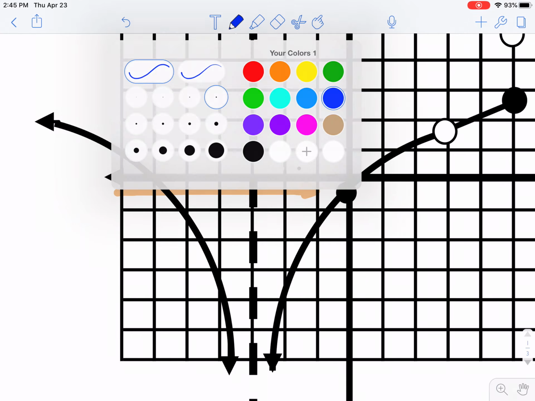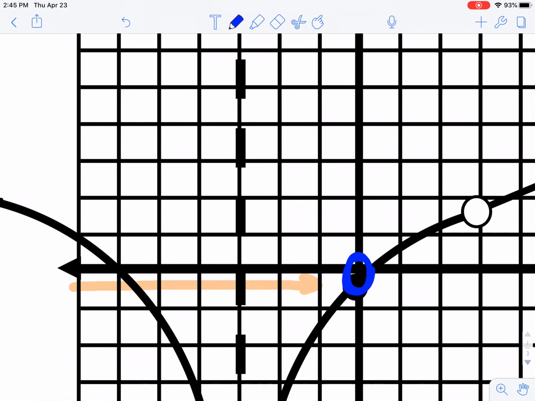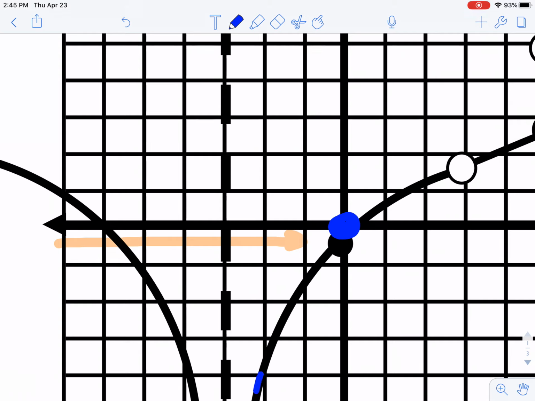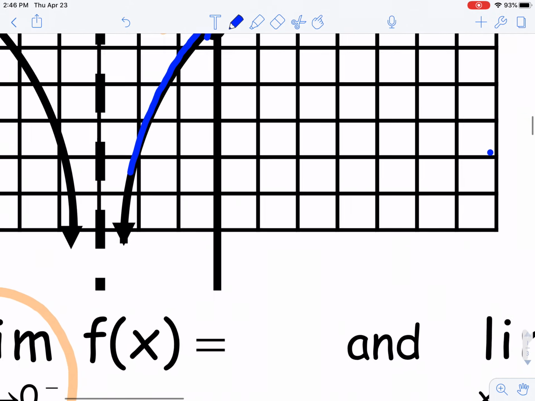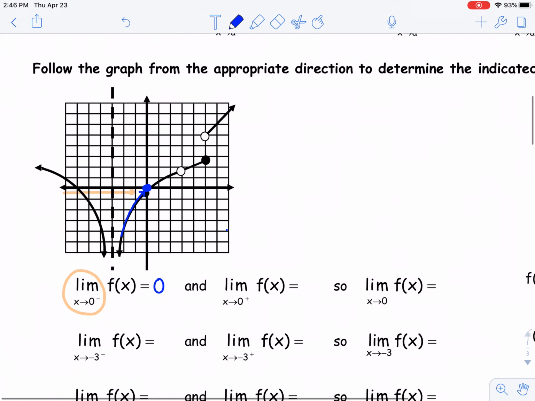This big black dot is supposed to be right on 0, 0. So we're just going to pretend like it's just a little bit north of where it actually looks like it is. And that's the answer. The graph is approaching the y value of 0 as we come in from the left side. So this answer is 0.